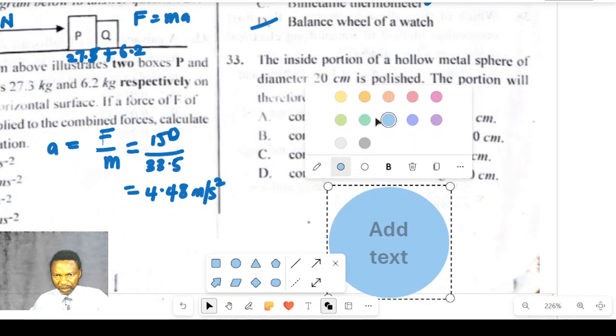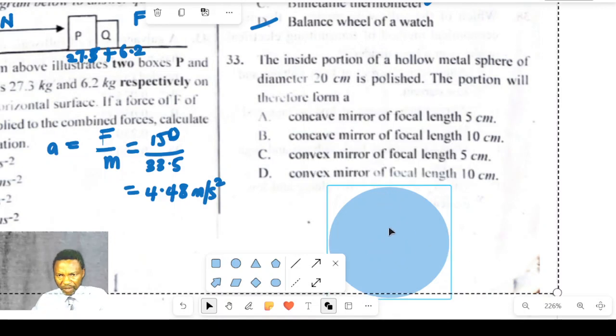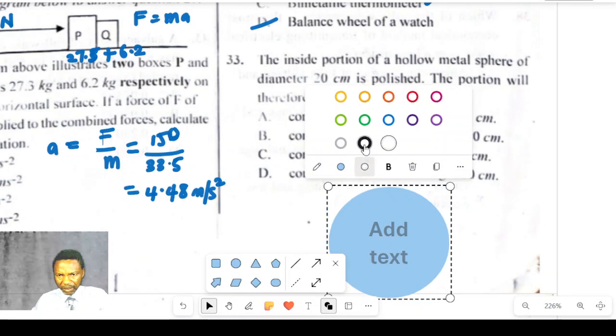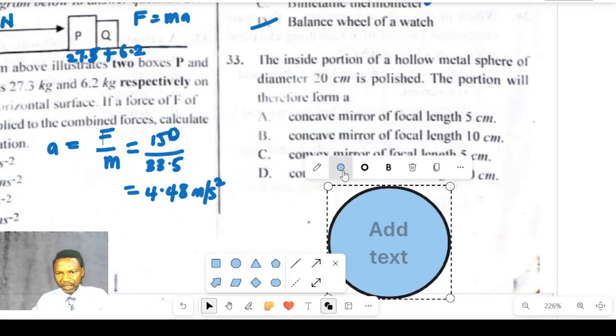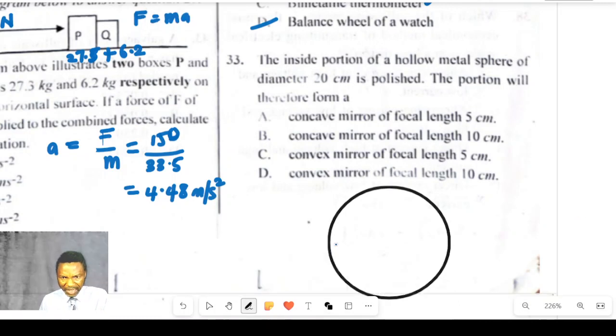We are told that the diameter is 20, so the radius of curvature R is 10.